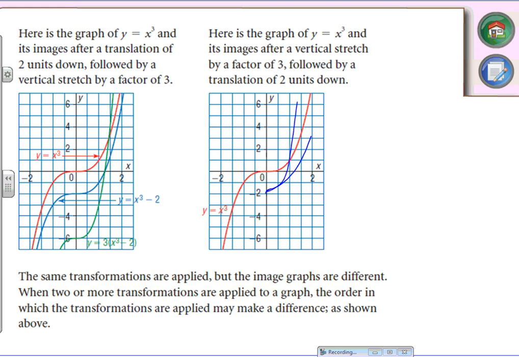Which is not the same as the first one. So because of that, we're going to have an order. And I just talked about that order, so make sure you write that down. Stretch, reflect, and translate, or reflect, stretch, translate. Either of them will work.